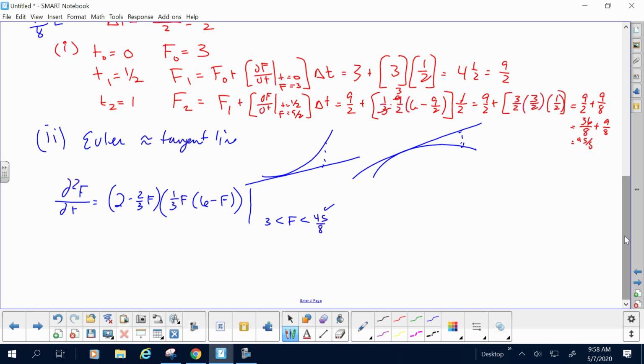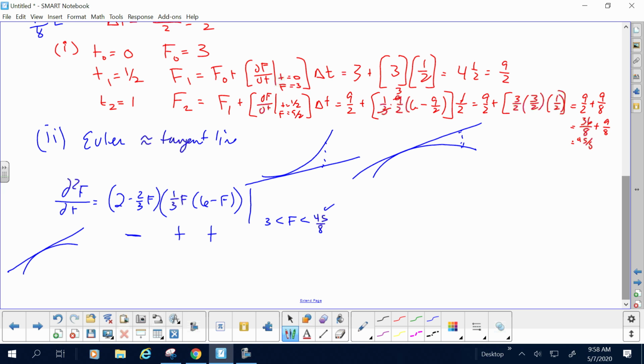And no matter what, this is going to be either 0 or negative. Right? Okay. This will be positive, and this is positive. So overall, the second derivative is negative, and so because of that, the curve must be concave down.